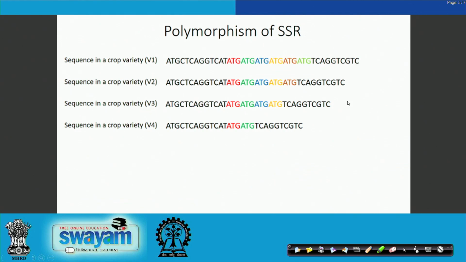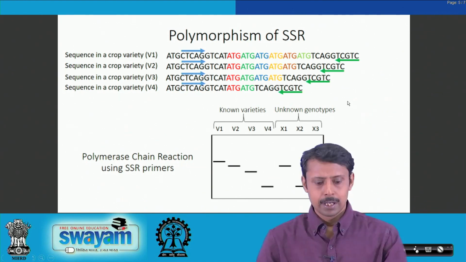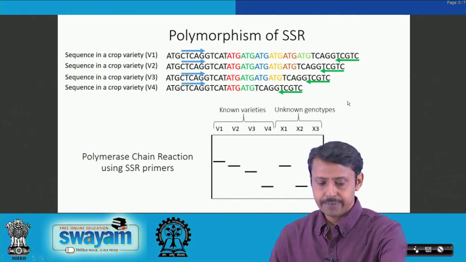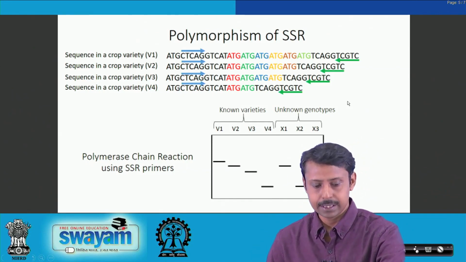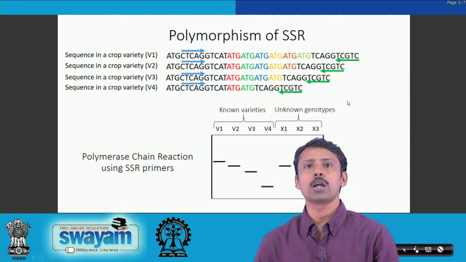So, definitely these 4 varieties are different, but normally we cannot distinguish them. At the molecular level, how can we distinguish them? Through PCR, or polymerase chain reaction, we can design different primers and amplify the region in between these 2 primers. As shown here, in case of varieties 1, 2, 3, 4, forward primers have been designed from the blue region and the reverse primer from the green arrow region.